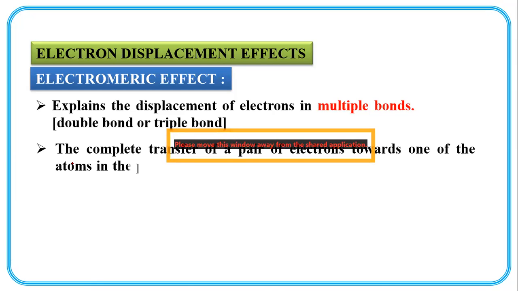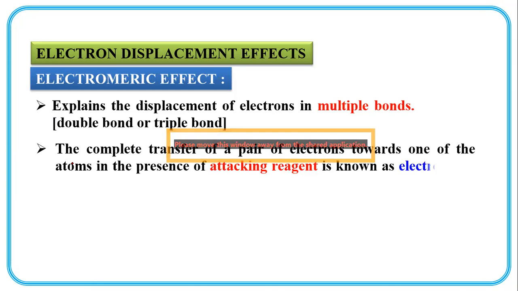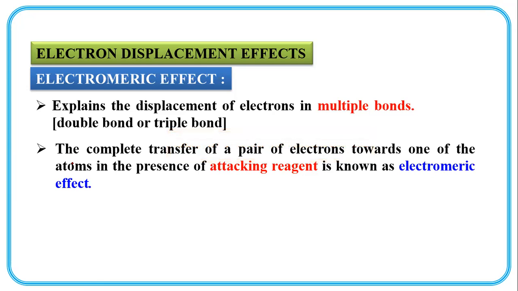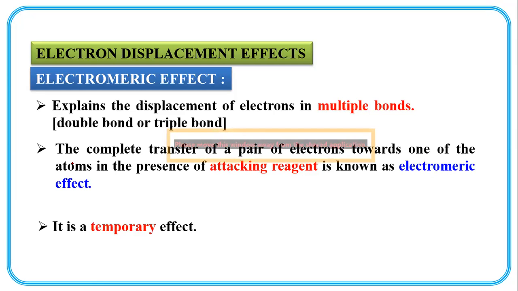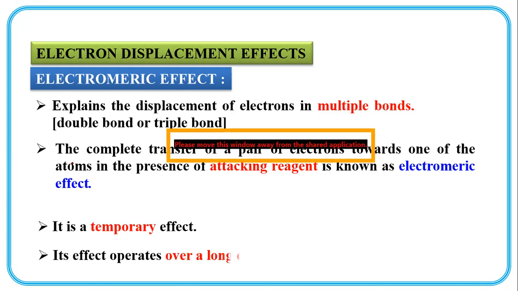It is the complete transfer of electrons towards one of the atoms in the presence of an attacking reagent, known as electromeric effect. This effect is a temporary effect. This effect operates over a long distance, and this is because of conjugation.